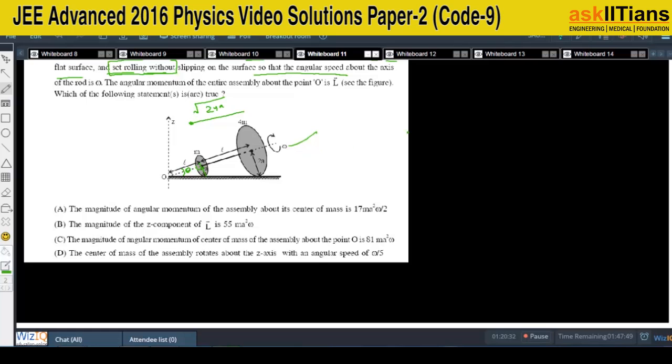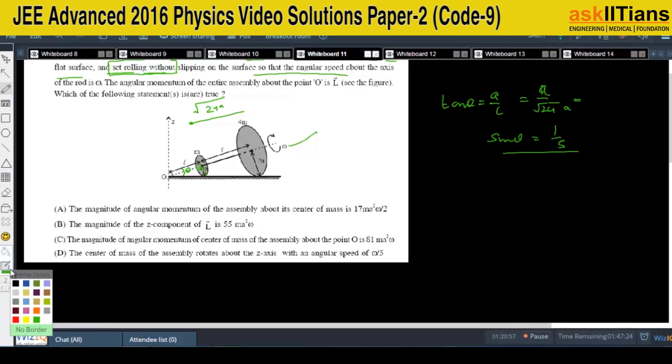So easily we can say tan theta is equal to a by L, that is 1 upon √24. So we got from this relation that sin theta is equal to 1 by 5. We need to calculate the value of theta, whether it is small or large.